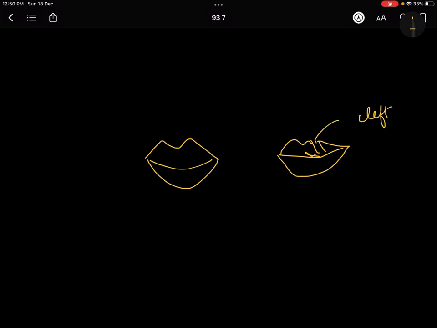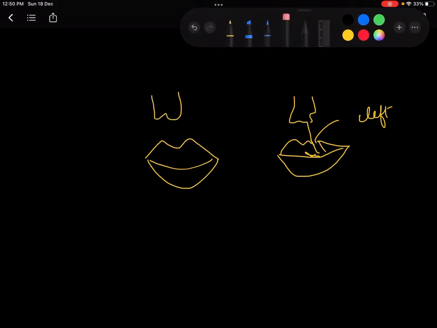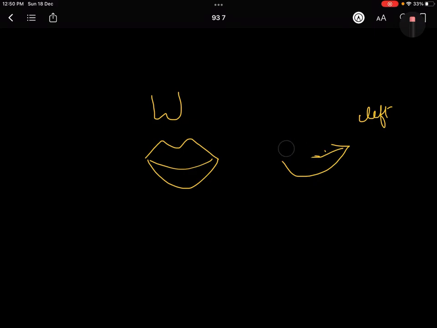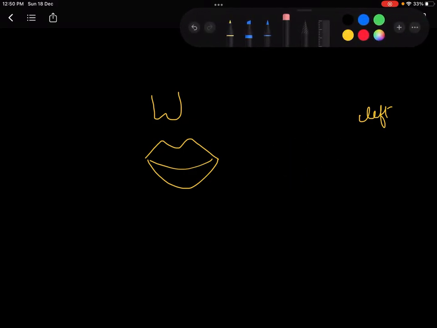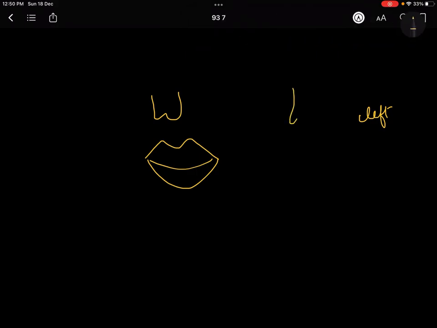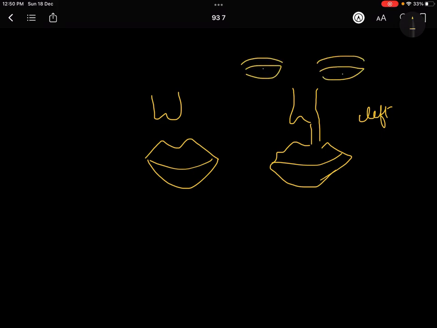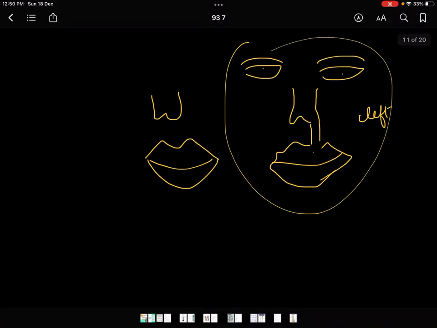There's a cleft, there's a gap, and it could go, for example, this is the nose, there is a gap. Normal nose ऐसा रहेगा ना, but यहाँ पे there will be a gap. I'll just show you again. If this is the nose, there will be a gap. ठीक है? So if these are the eyes, so कुछ broken सा रहता है, and it goes up till your mouth from inside. Okay, so this is the cleft lip.